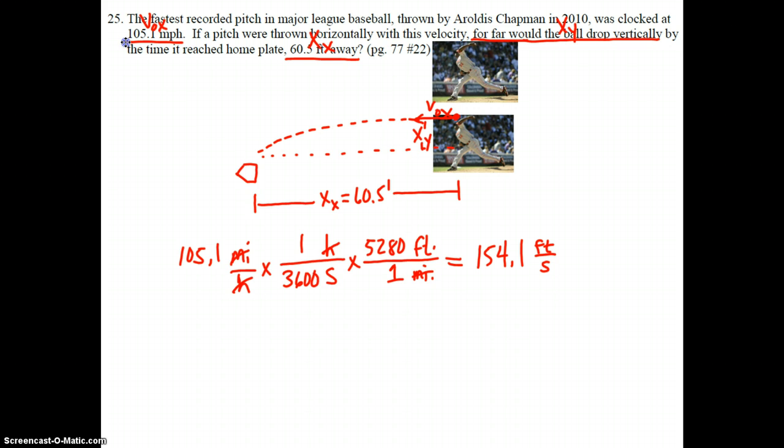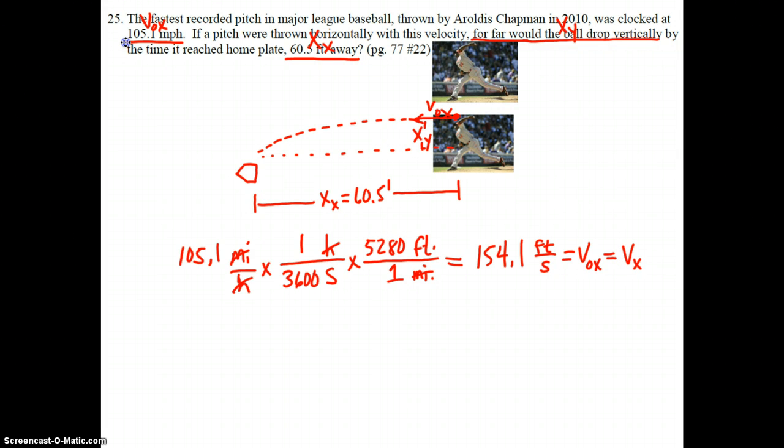Okay, let's now tackle the projectile motion part of the problem. What are we given? This speed is our initial horizontal velocity, and one of the key concepts in projectile motion is that the horizontal velocity remains constant.